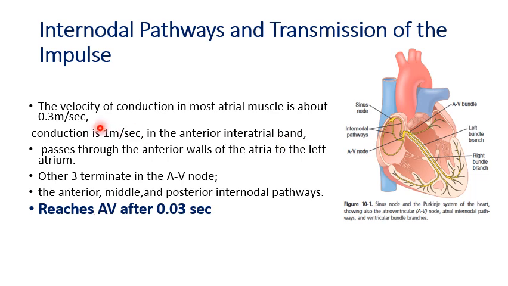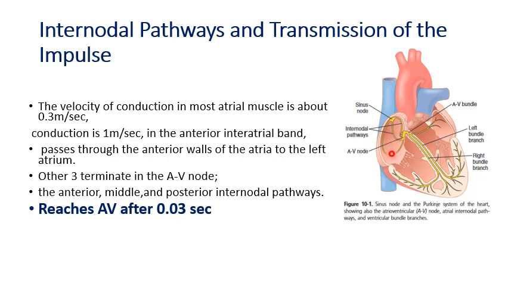This passes through the anterior wall of the atrium to the left atrium. And also we have 3 other branches, and they end at the AV node. These branches are called anterior, middle, and posterior internodal pathways.